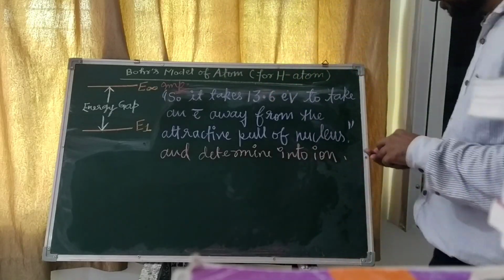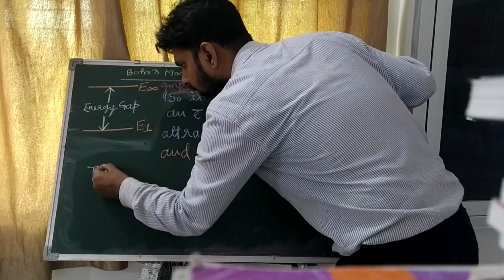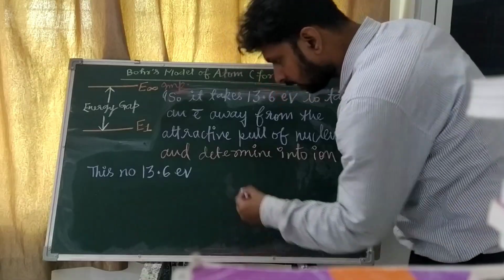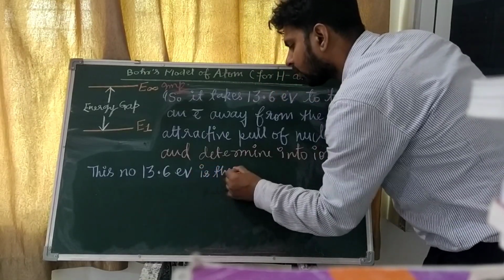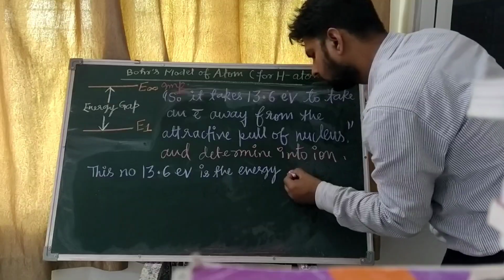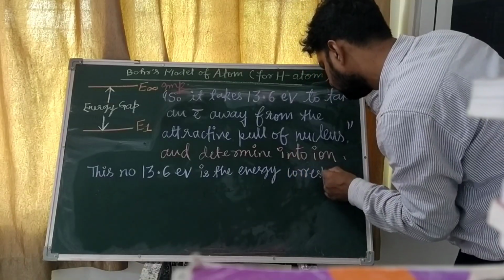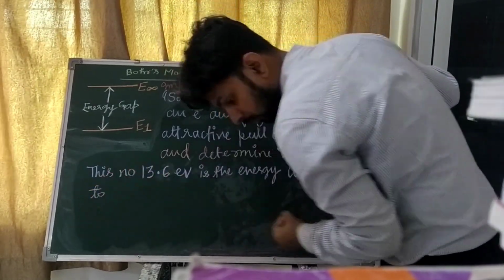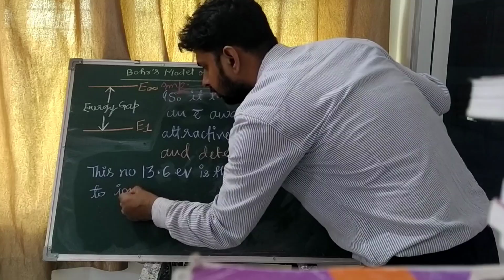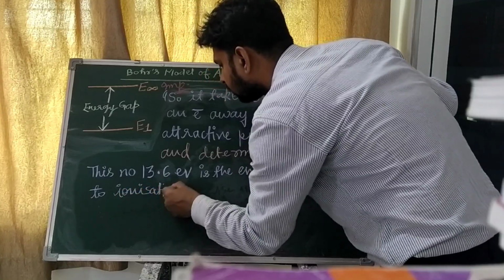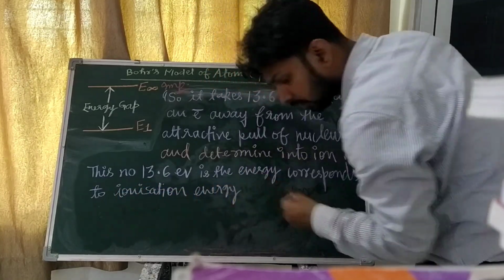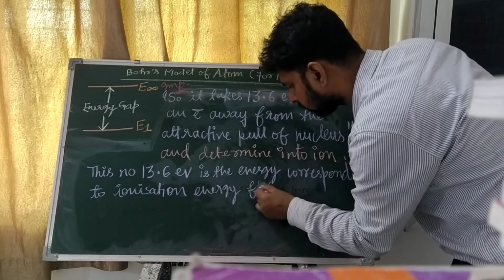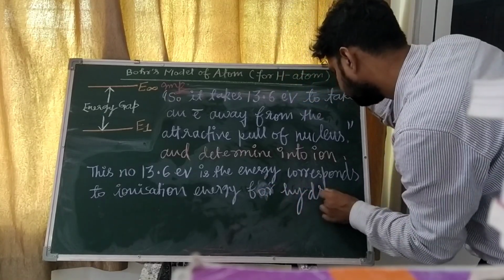This number 13.6 electron volt is the energy that corresponds to ionization energy for hydrogen.